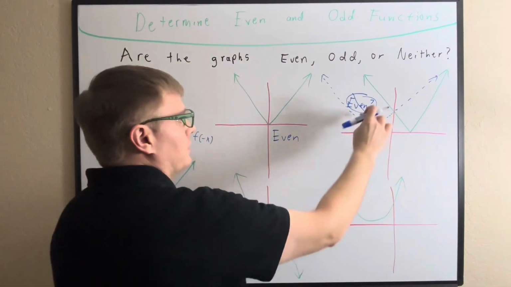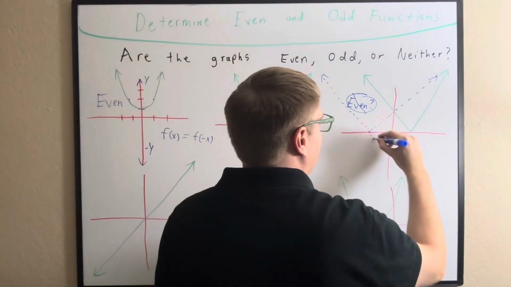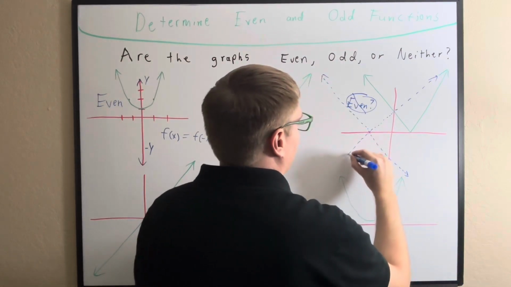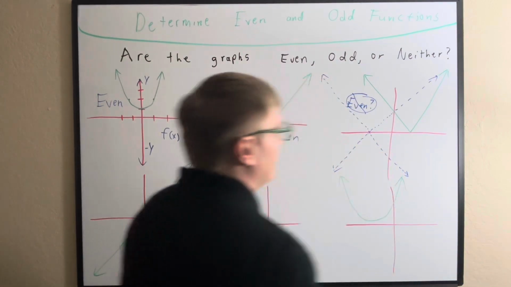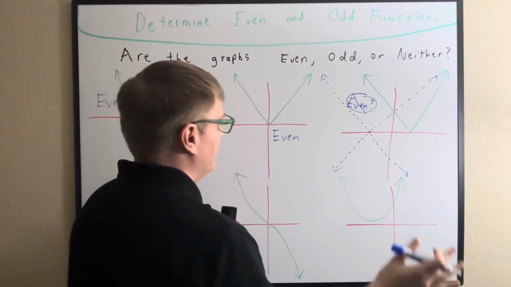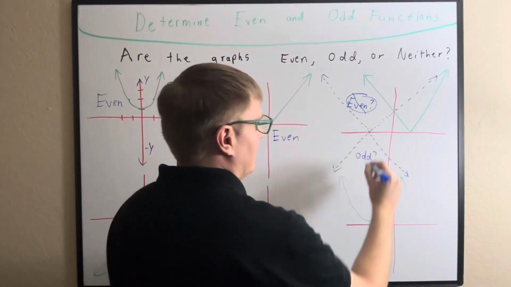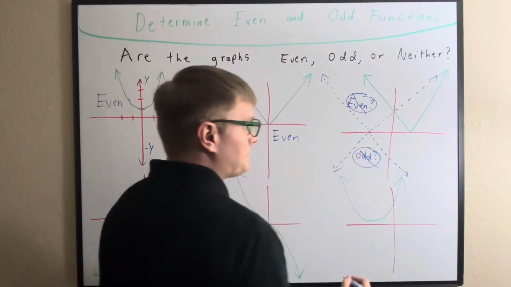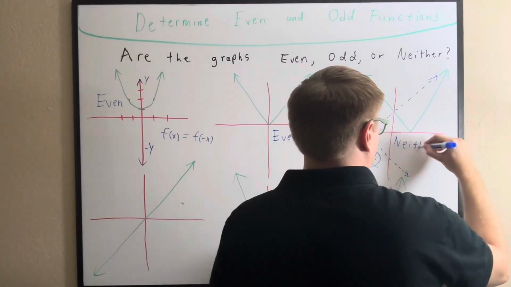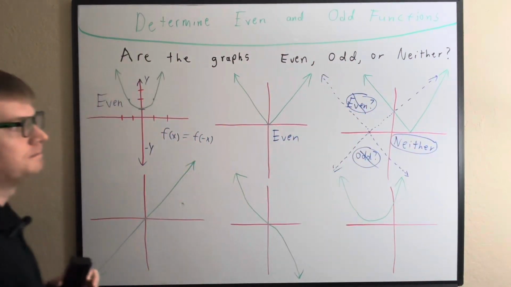Now, if you then reflect that across the x-axis, now you're checking to see if it's odd. And is that the same as this green graph over here? No. It's not the same there either. So this is neither for that particular example.